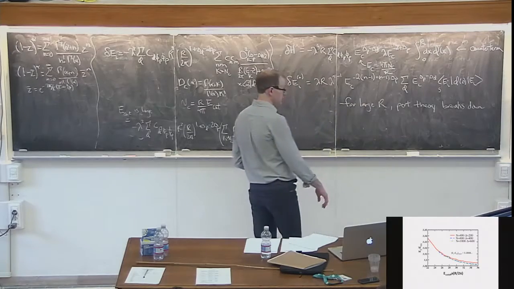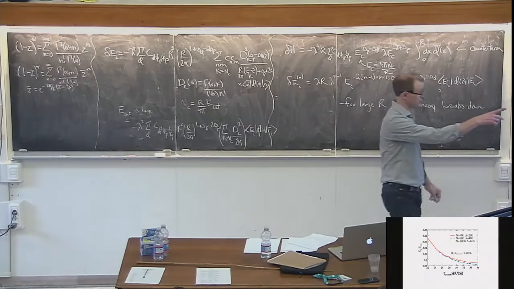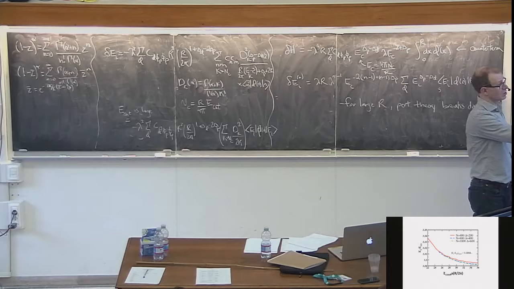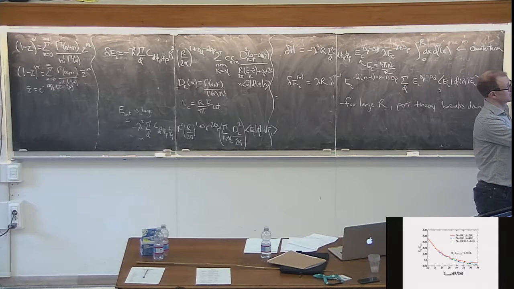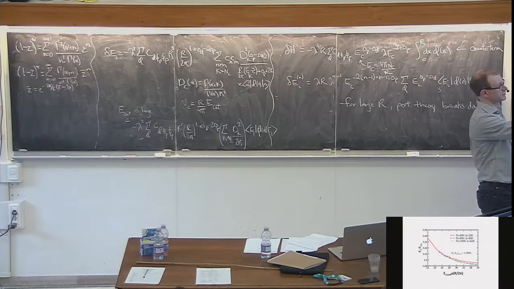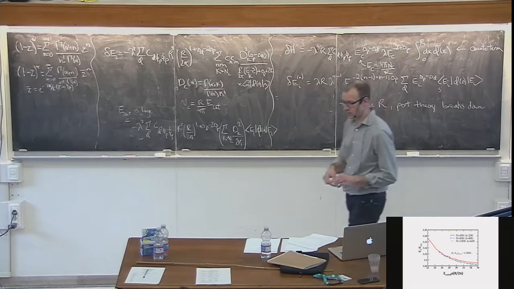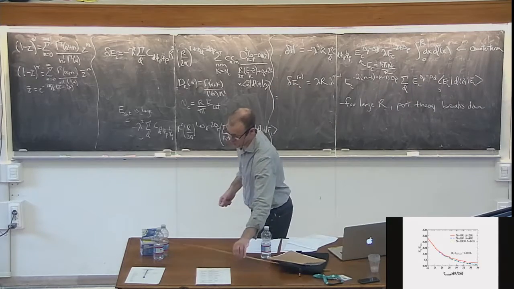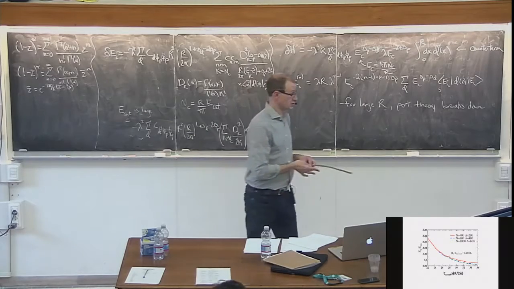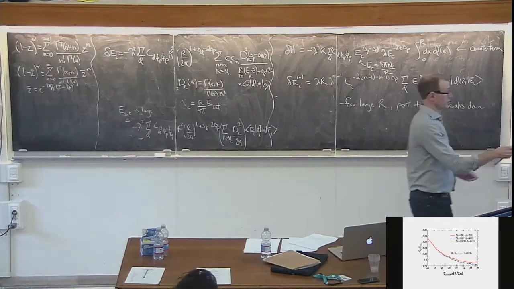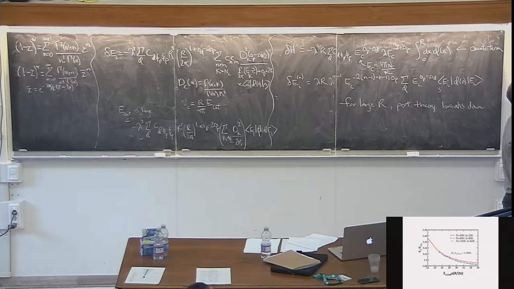And you can actually see, if you remember, this is the numerical data coming from the truncated conformal spectrum approach plus the NRG, and we're plotting the energy of the third excited state as a function of the cutoff.